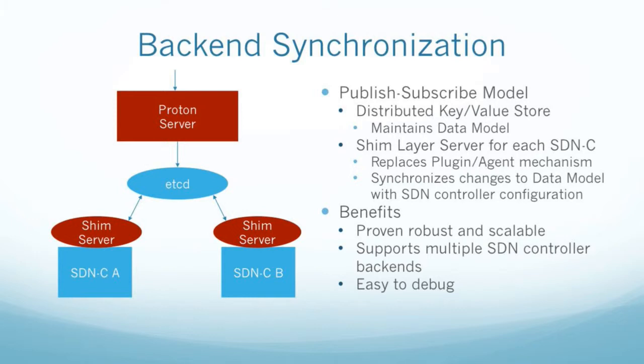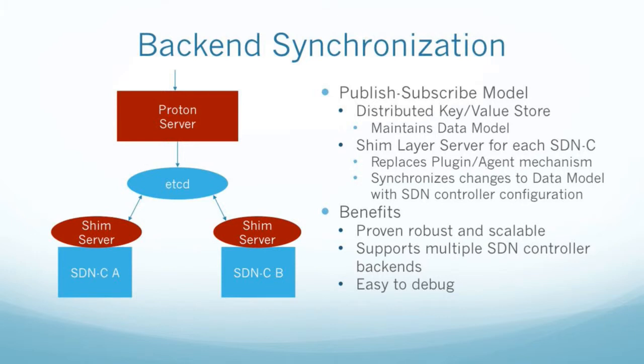So the way this works is that, as we said, as a Proton server receives an API request, it'll push and maintain that data model in etcd. So the shim layers will basically wait for changes in the etcd database, and as it sees changes, it'll determine, is this change for me? And if it is, it will then configure the SDN controller appropriately.